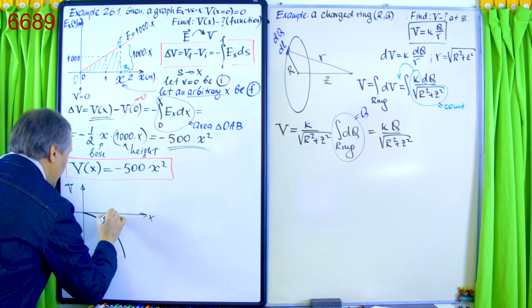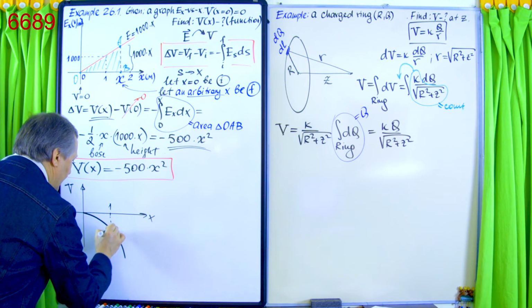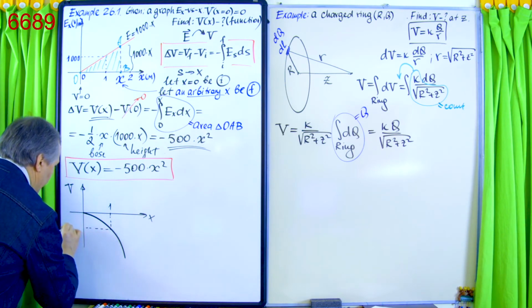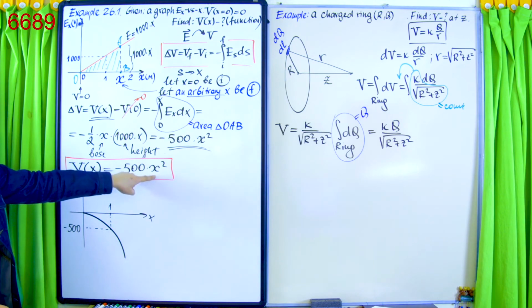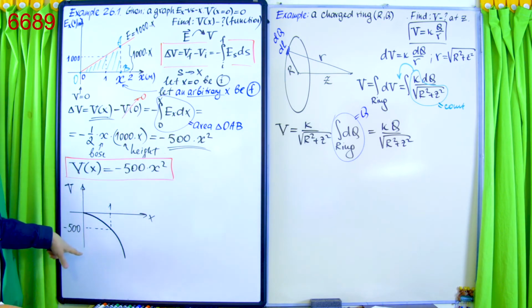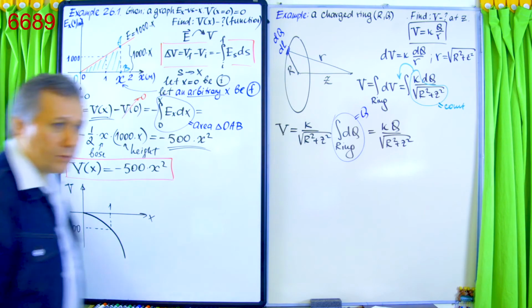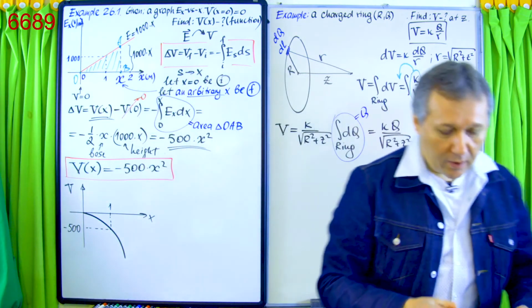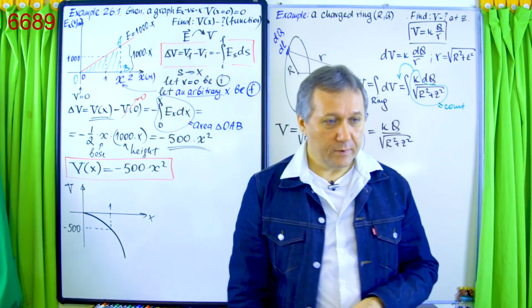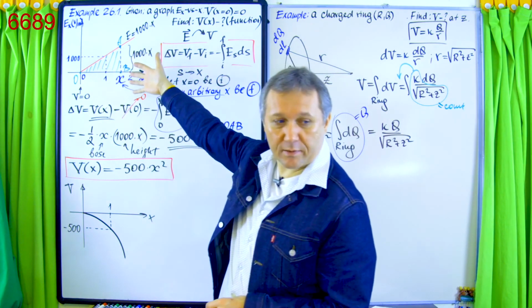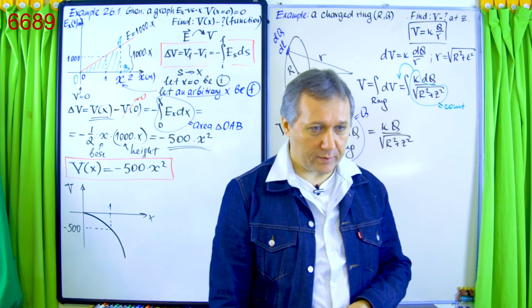And if this is 1, then this should be minus 500, right? If x equals 1, the value of V will be minus 500. So that's the plot. So this is the function and plot of how the electric potential changes with x. So that's how electric field changes with x, and that's how electric potential changes with x.